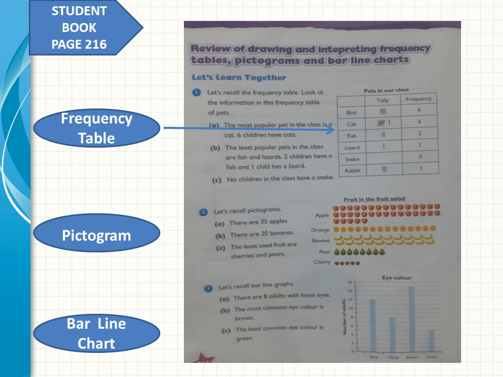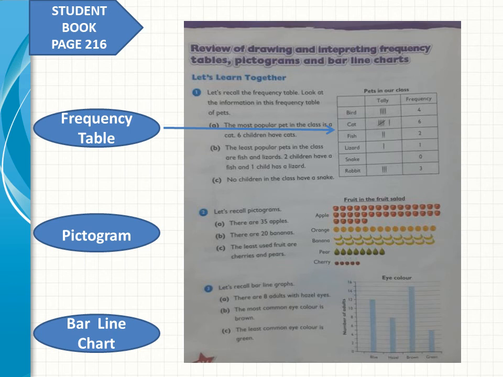Now look, the least popular pet is the lizard, because only one child has the lizard, and of course no child has the snake, so the snake is not a pet that any child wants to have.